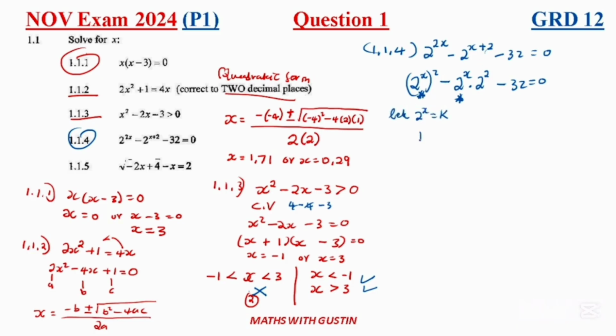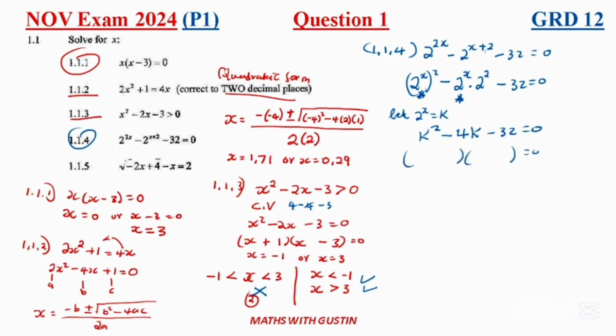So now you're going to put k there. This one is going to be k squared minus 2 to the power of 2 squared is giving us 4, and then in place of 2 to the power of x, you're going to put k, minus 32 equals 0. Now you look for the factors that, when you multiply them together, give you 32.